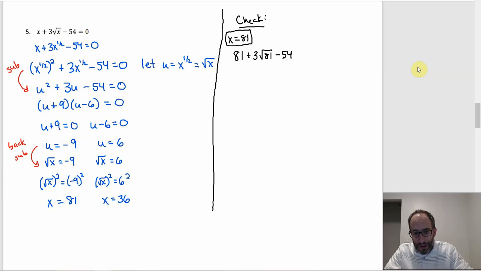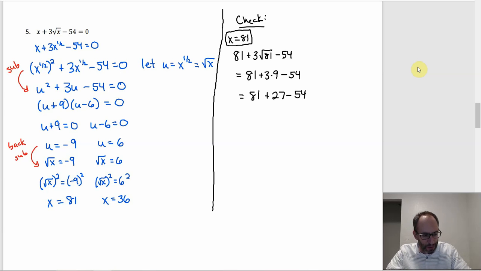So this is going to end up being 81 plus 3 times 9 minus 54. And if you're looking at this and going, that's too big, there's no way this is going to be 0, I would absolutely agree with you. It is not going to be 0. It is going to be 108 minus 54, which is 54. So 54, which is not 0.